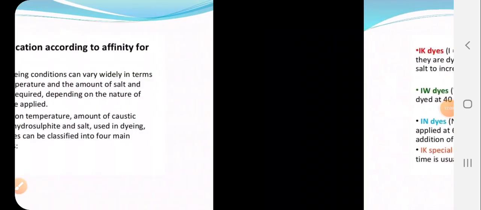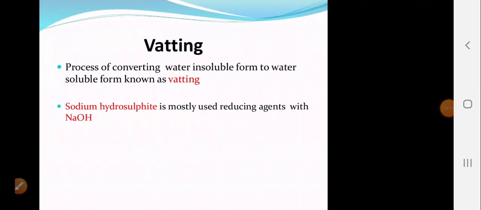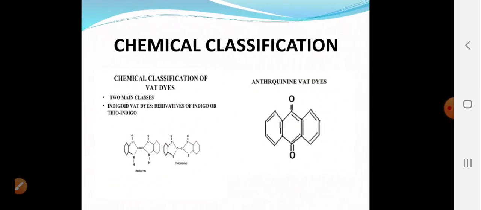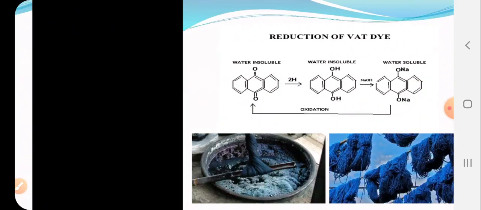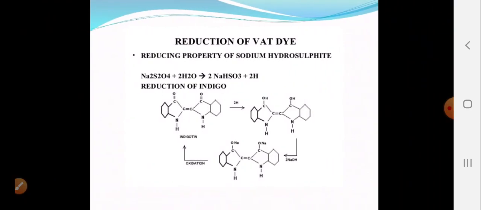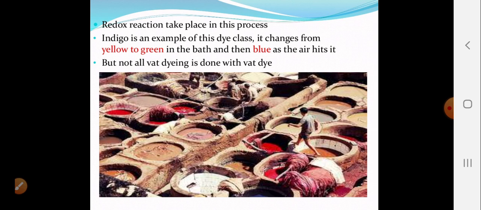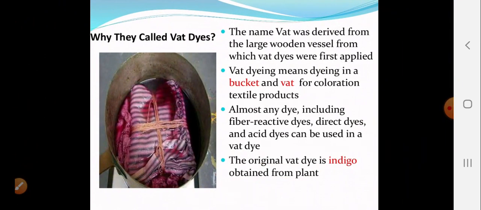So this was about wet dye, one of the most important types of dyes. They have complex chemical structures which are derivatives of anthraquinone and benzene, and on reduction they become soluble. They are not water soluble, but on reduction they become soluble. Then dyeing is done.